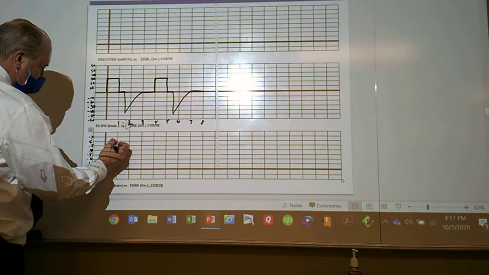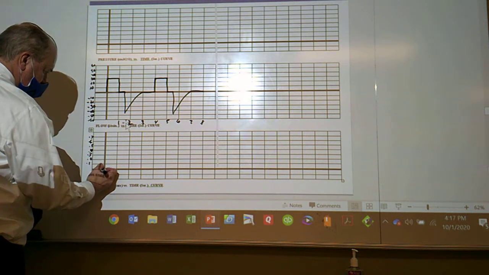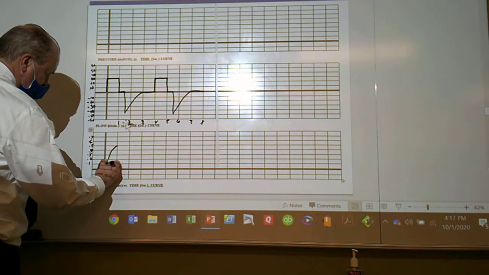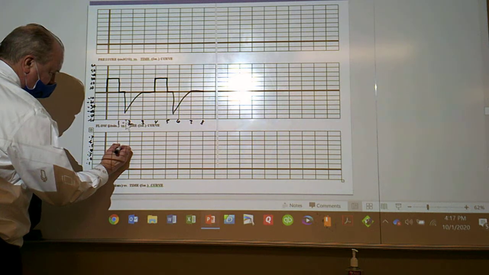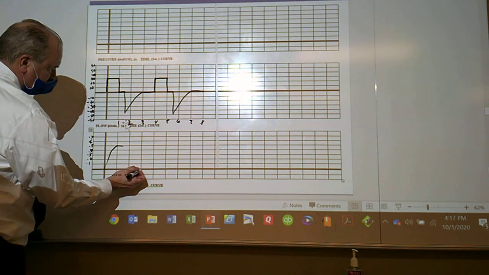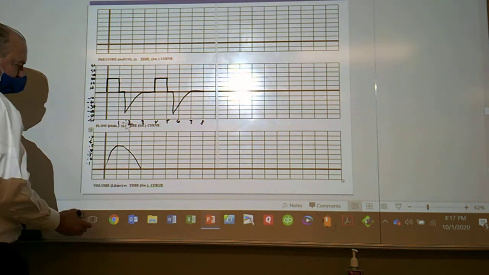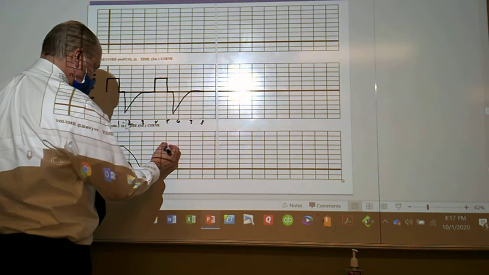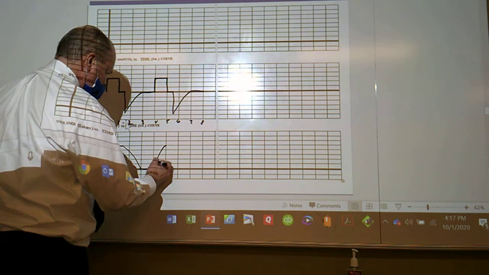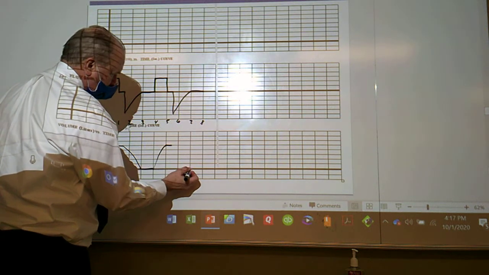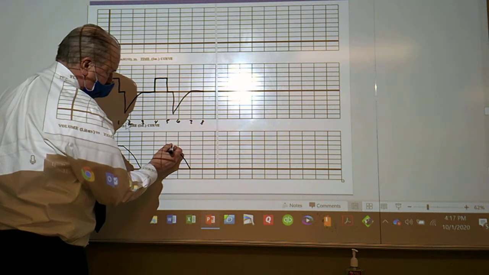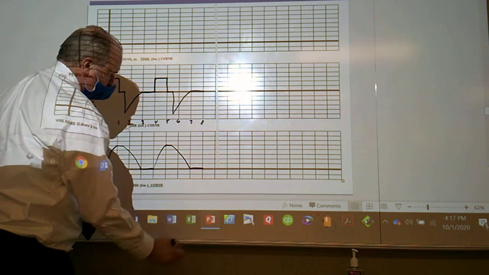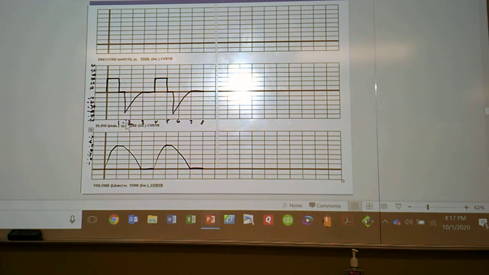So I'm going to go ahead and draw that one. I have a plateau. And then I'm going to go ahead and empty it back out. So we went up to the 0.5.